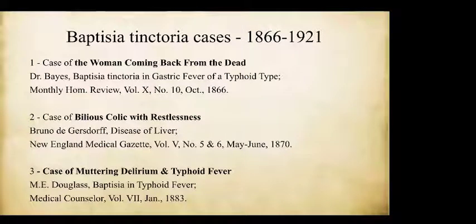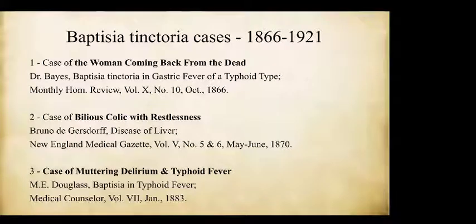Now, it is done in the following way. So we give the title to the case, representing the core or essence of the case. Then comes the author of the case, then comes the title of the case, and then comes the place of the case. Monthly Homeopathic Review, Volume 10, Number 10, October 1866. That was the very first we could find of a reasonable case.